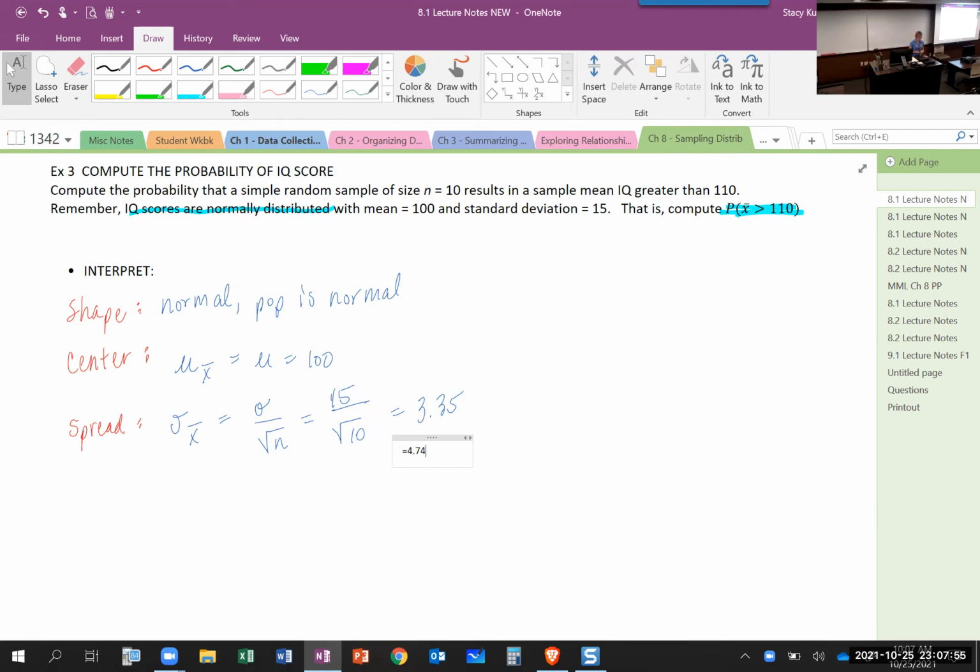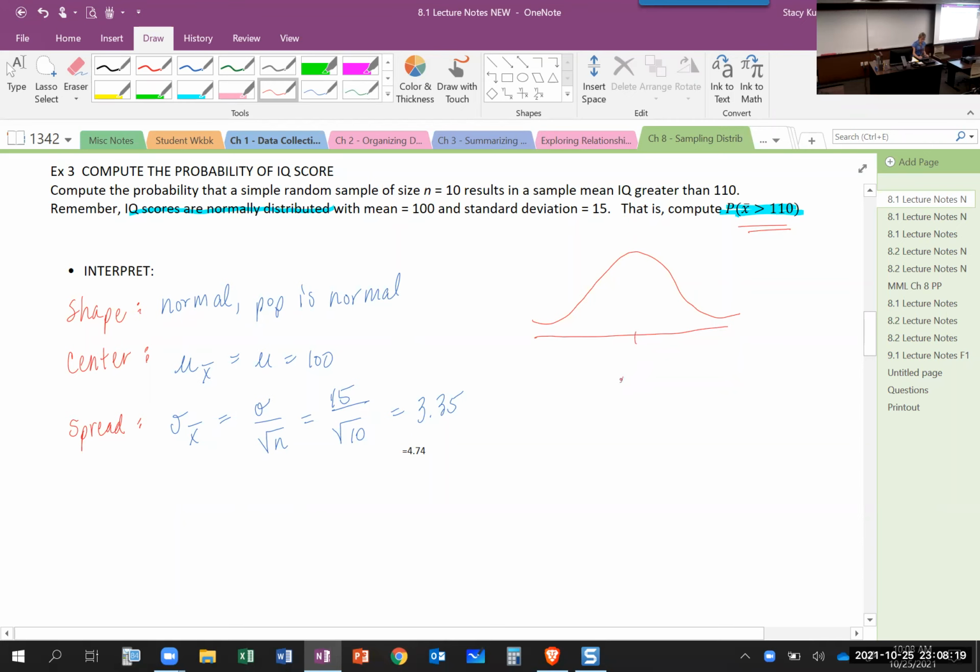Now we need this information because we want to know, remember this is a random variable. We know that this is a normal distribution. So when we ask this probability statement like this, we're saying, what is the probability that I have a sample mean?